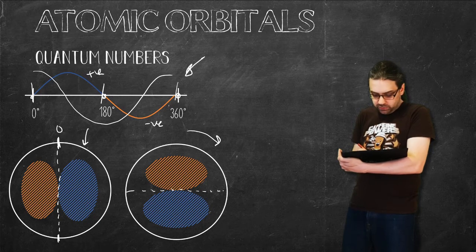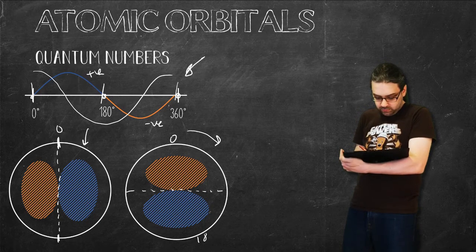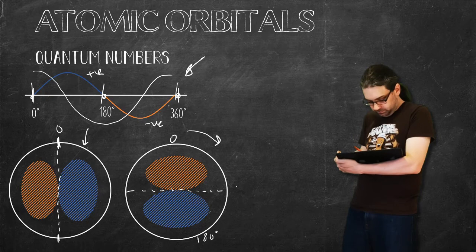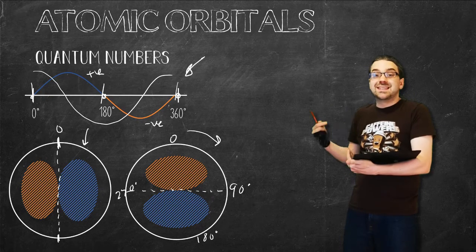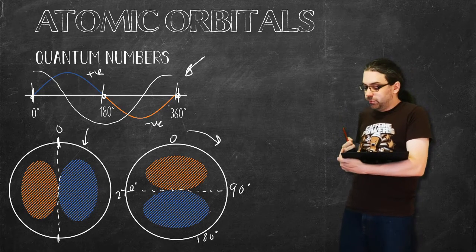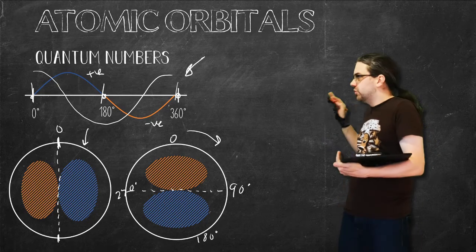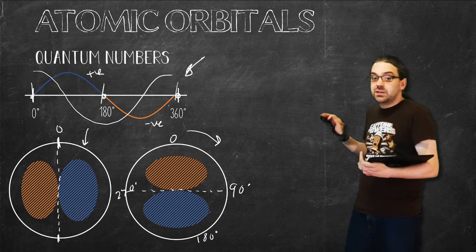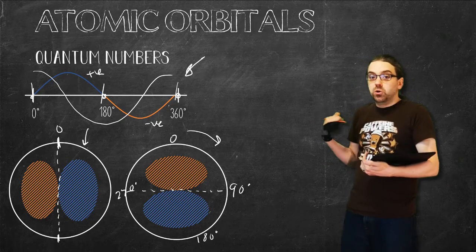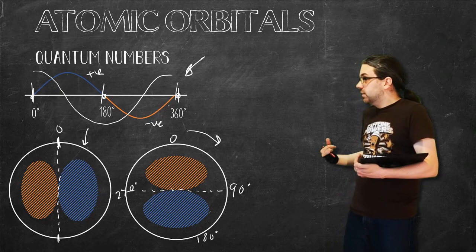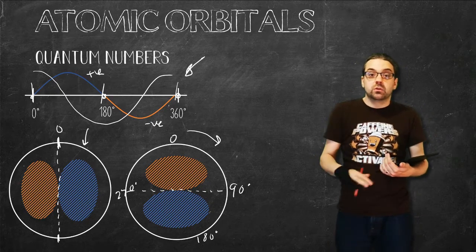We have a node going through here. Maybe 90 degrees there, 270. So between 90 and 270 degrees, there's that node going through. Those are starting to look like p orbitals. And yet, if you take one of those exponential functions we looked at earlier, multiplied it by this as a radial distribution, you get a p orbital exactly out.